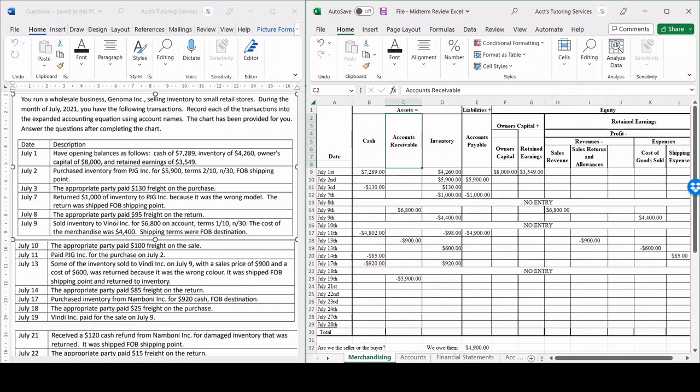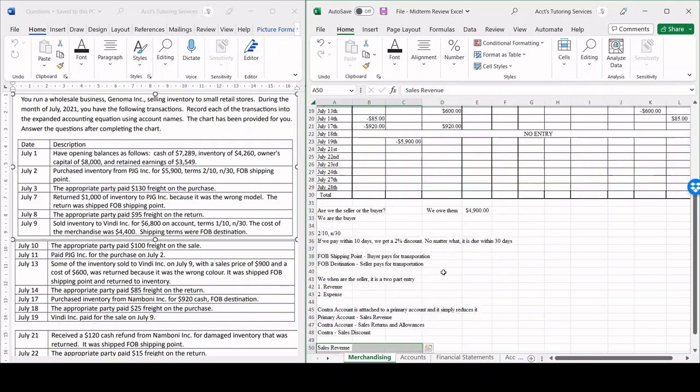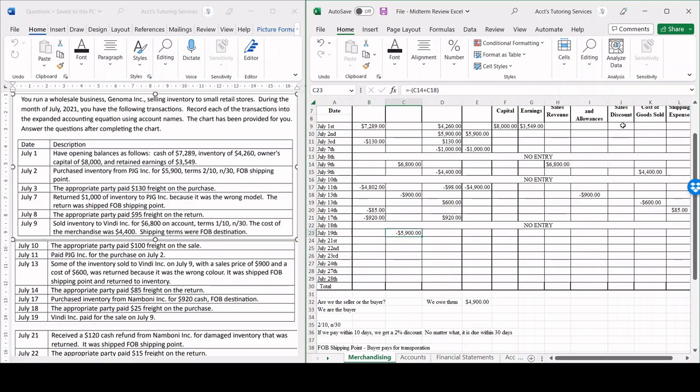And then the next part is, did they pay us within the discount period? July 9th, 10 days later. Yes, they did. So they get a 1% discount. Now remember, this discount is going to go into sales discount, one of the contra accounts that we've talked about over here, right? So this discount is going to be very easy to calculate.